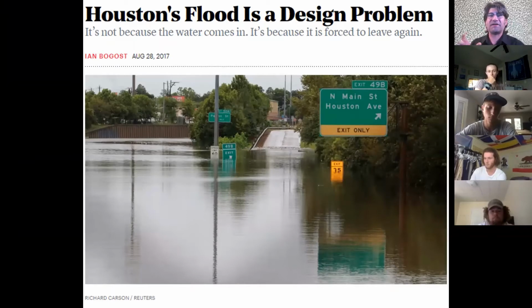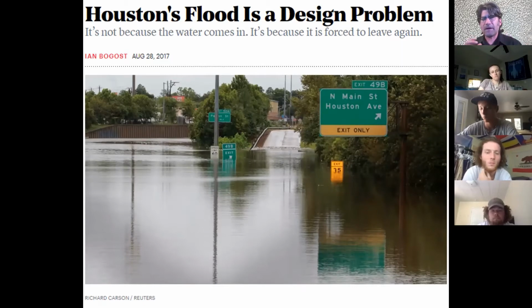That's actually by design. Houston's engineering strategy is to use highways as essentially ephemeral rivers during large flood events. But this storm was so big that even with these built-in waterways, it still caused massive amounts of damage, tens of millions of dollars of damage.